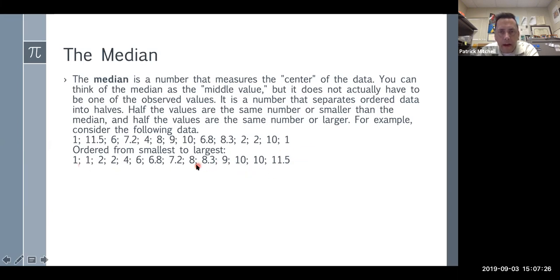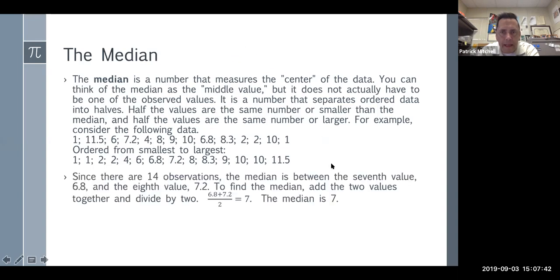When you have an even amount of numbers, you can try to find the middle, but what you find is that there isn't one middle number, there are actually two. So in the case where there are an even amount of numbers, to find the median you find the middle two and average them together. That's what you see done here.